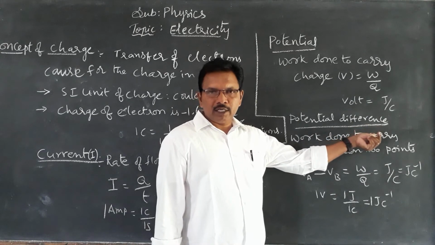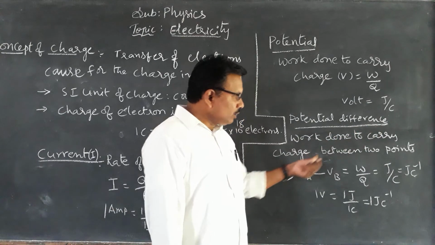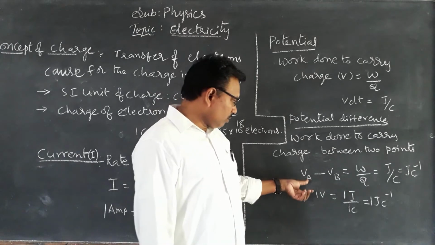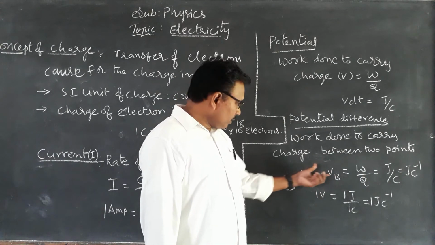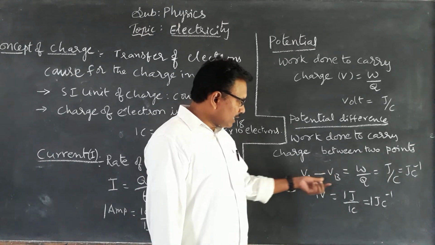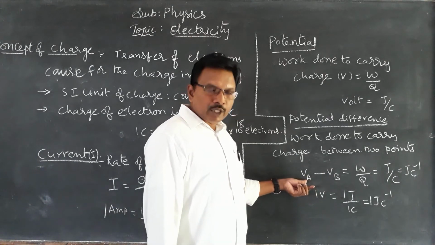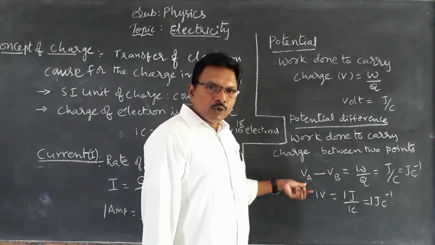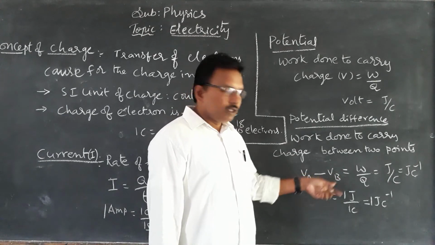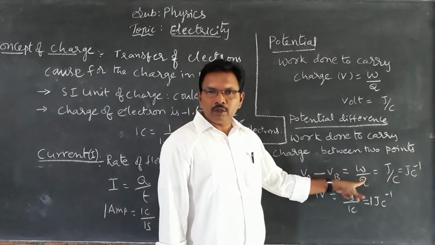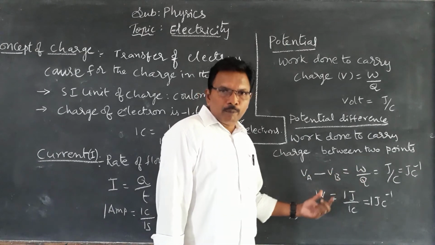So potential difference between the two points A and B, VA minus VB, is equal to the work done to carry charge between these two points.